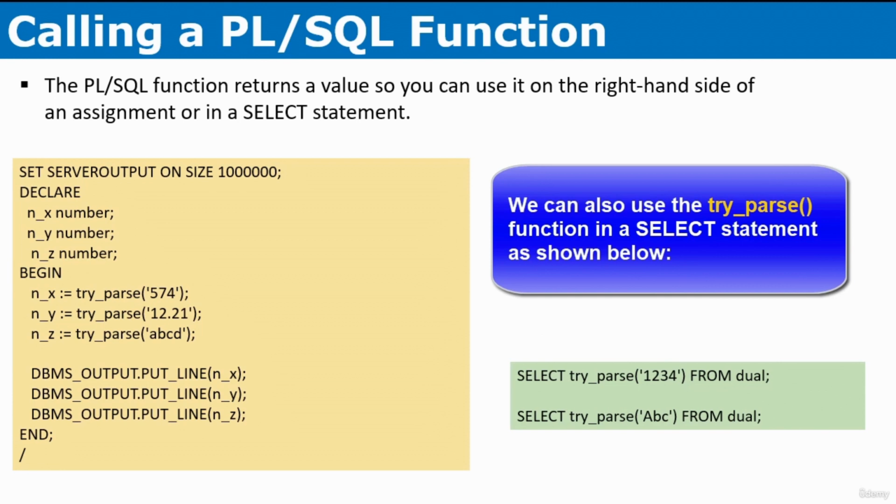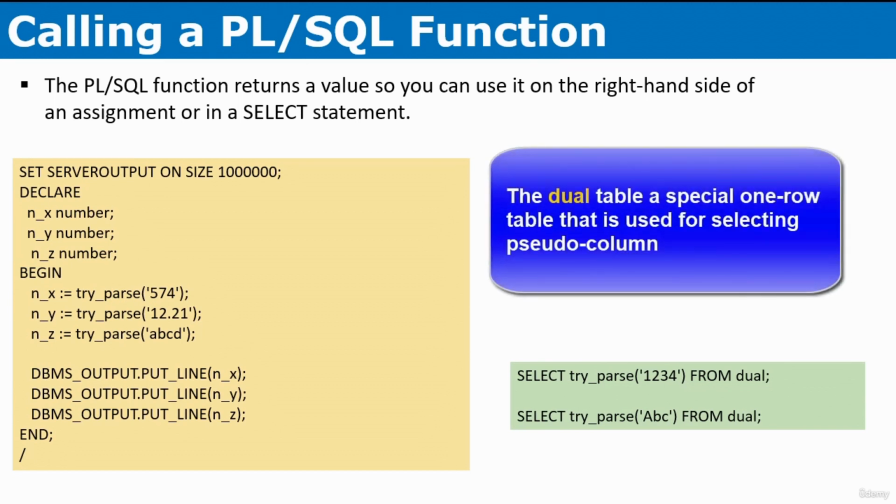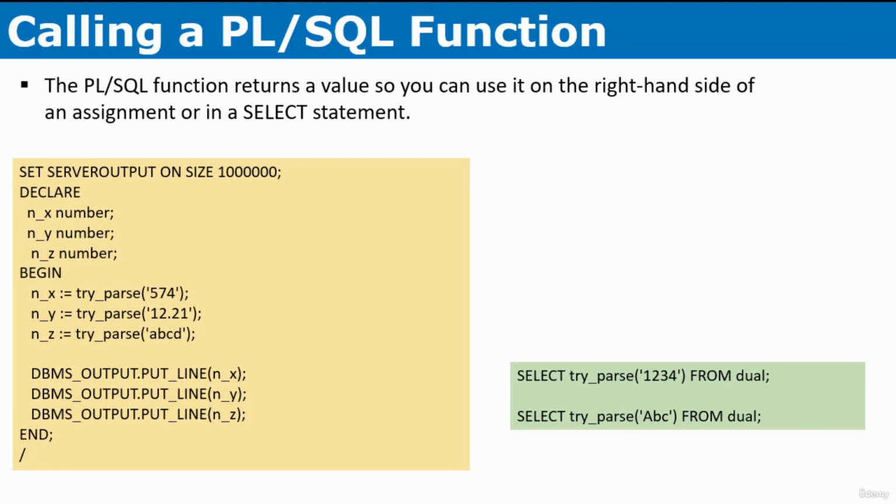So we could select the try_parse function and pass it some values from dual. The dual table is a special table that only has one row. It is basically used for selecting pseudo column like the ones we have in the example.